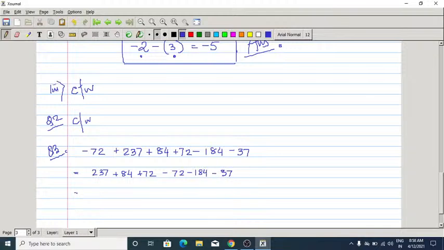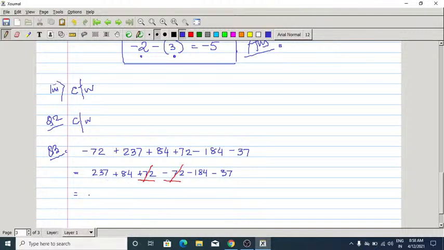Now you have to learn a new thing. You are growing up, you are in class 7 now. See here, I have a plus 72 and minus 72. So I will cancel them. I will not add and subtract them with the other numbers unnecessarily, because minus 72 plus 72 will be 0. So I will straight away cancel them.